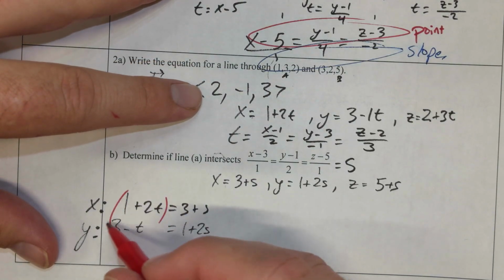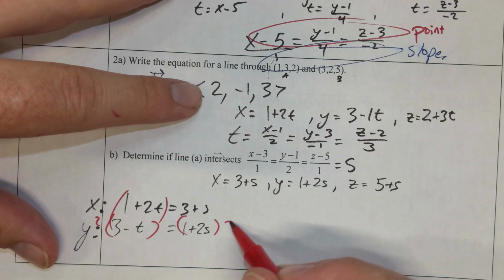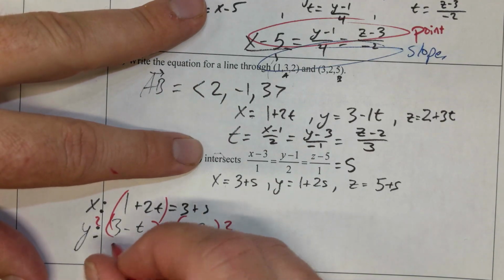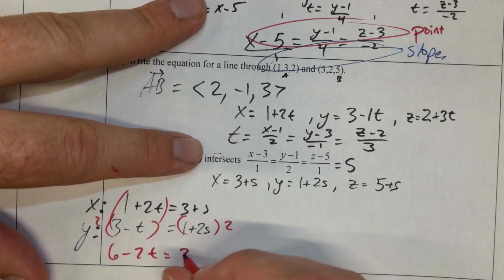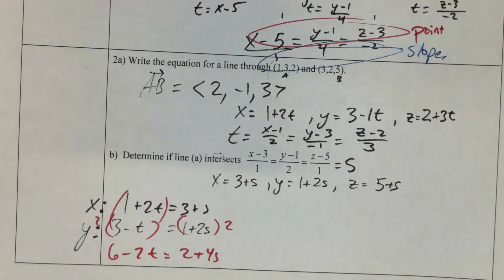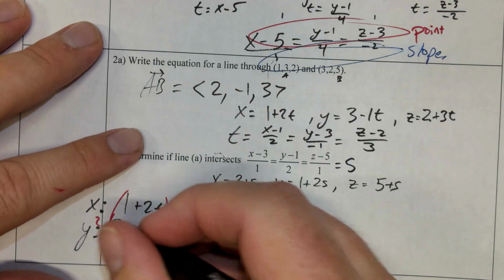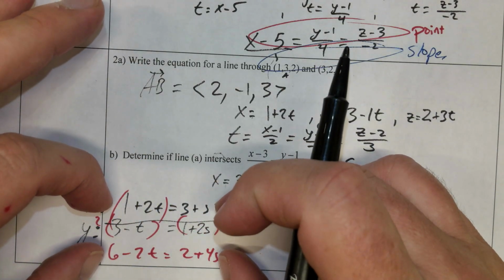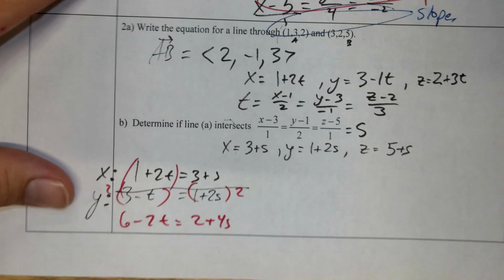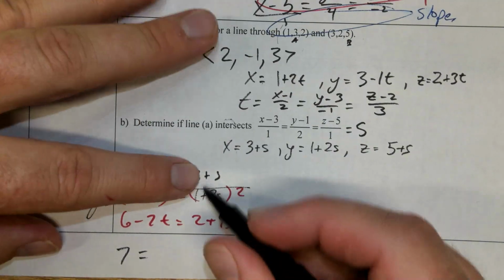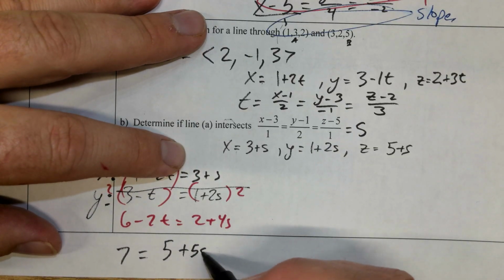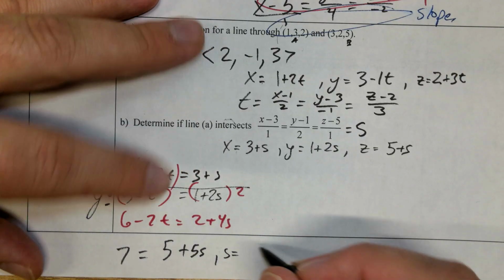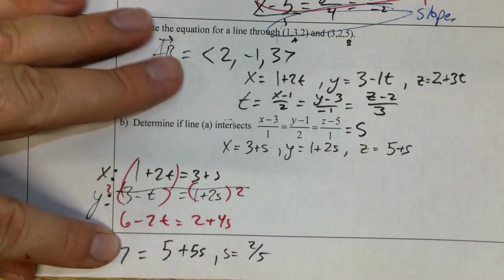Now down here I might multiply by 2. And I would get 6 minus 2t is 2 plus 4s. Now I would combine my x and new y equations. Stick with me. 7 equals 5 plus 5s, where s equals 2 over 5.